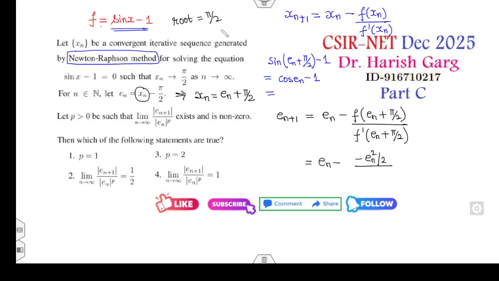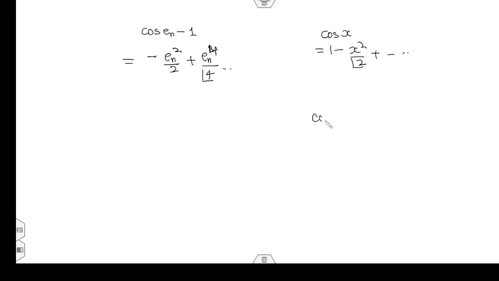What is f dash? F dash is cos x. And then the value of cos x at e_n plus pi by 2, which is minus sine of e_n. If you open this bracket, the sine of e_n is e_n minus e_n cube divided by 3 factorial and so on.